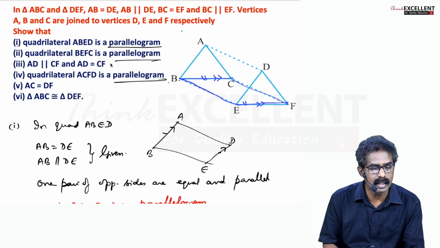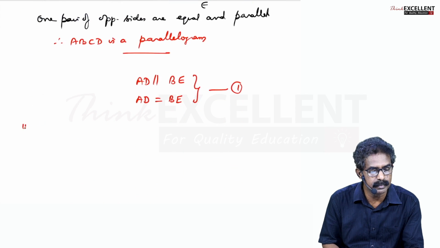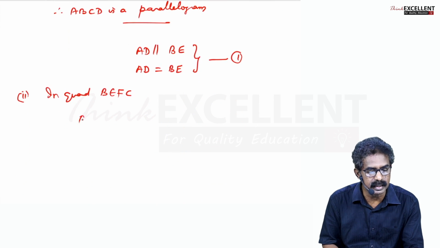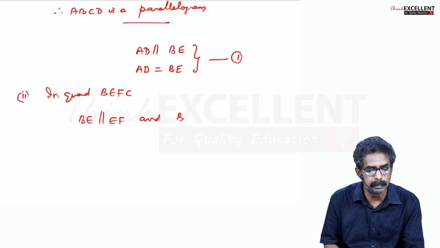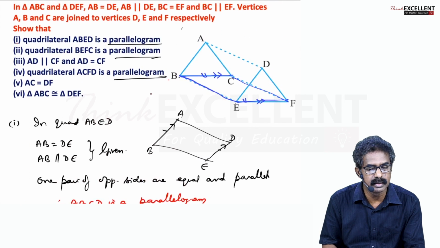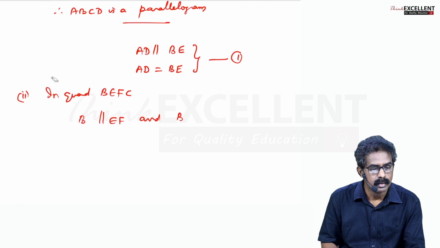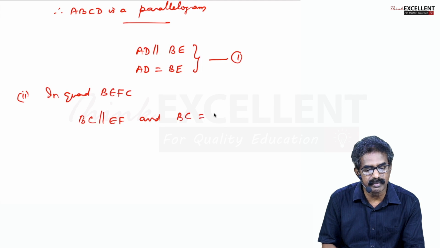So in the quadrilateral BEFC, BC and EF are parallel, BC, not BE, BC and EF are parallel, and BC and EF are equal also.